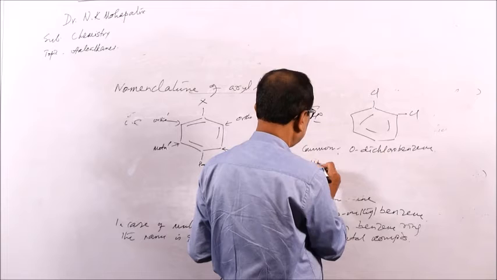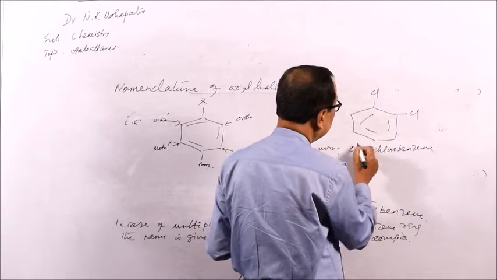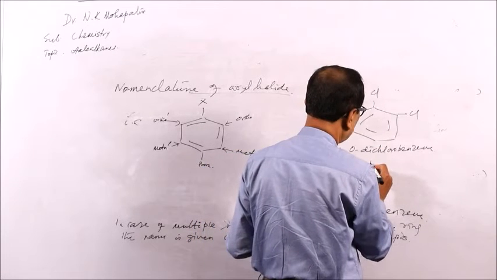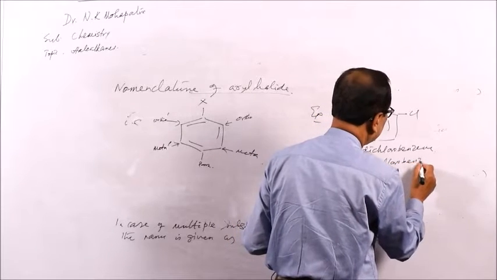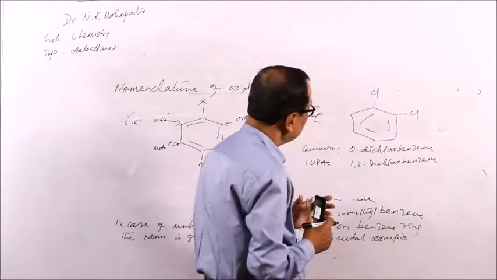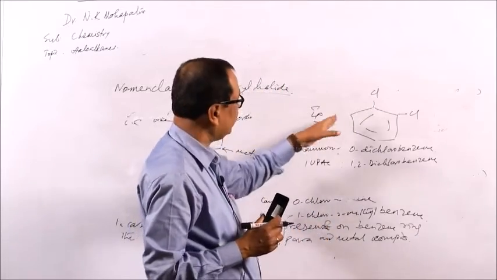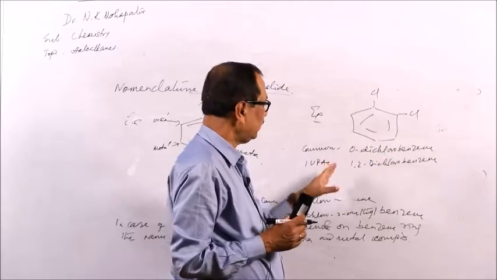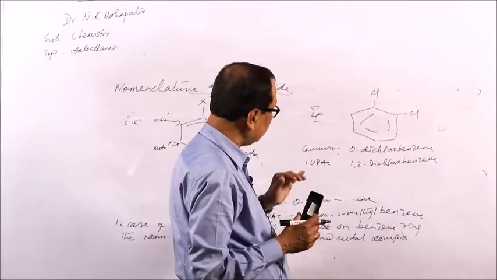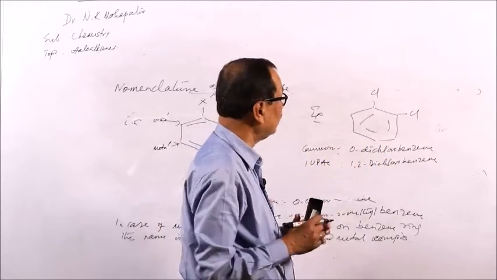But the IUPAC naming is 1,2-dichlorobenzene. So in the case of multiple substituents on the benzene ring, we write ortho, para or meta according to common naming, but in IUPAC it is 1,2-dichloro.